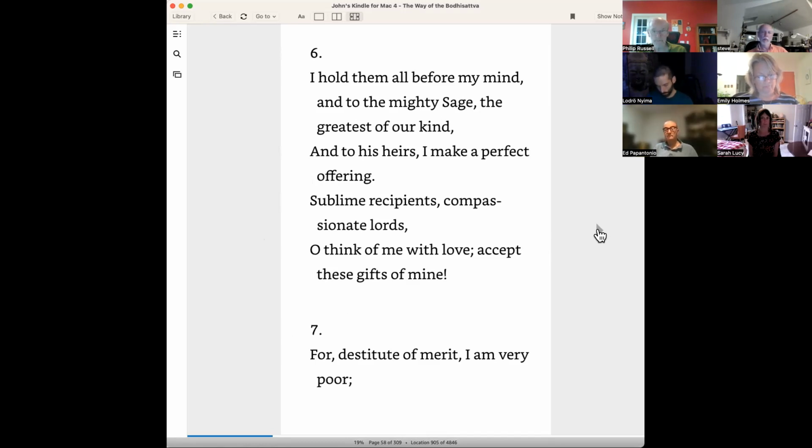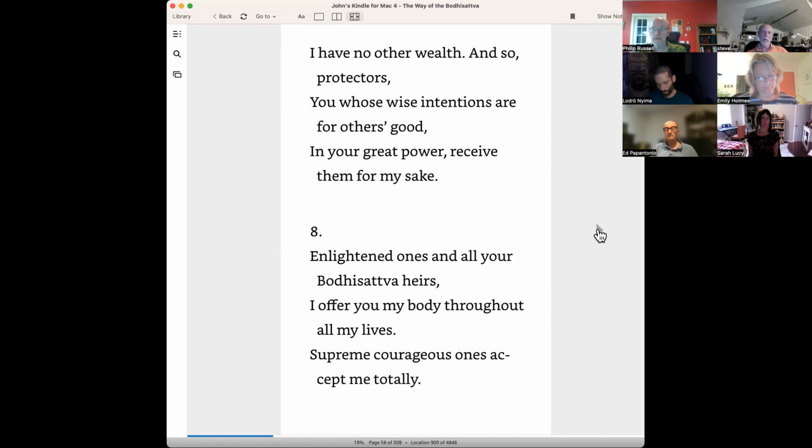But again, there is the desire to develop bodhicitta, in saying, I have no other wealth, and so protectors, which again is the Buddha, Dharma, and Sangha. Even though he's giving everything away that he can imagine, ultimately, what he's receiving is so powerful, so beneficial. It's given away without any reference to self, but it has tremendous benefit to oneself.